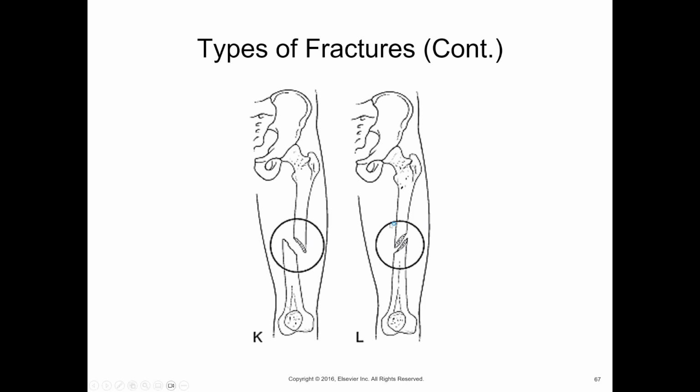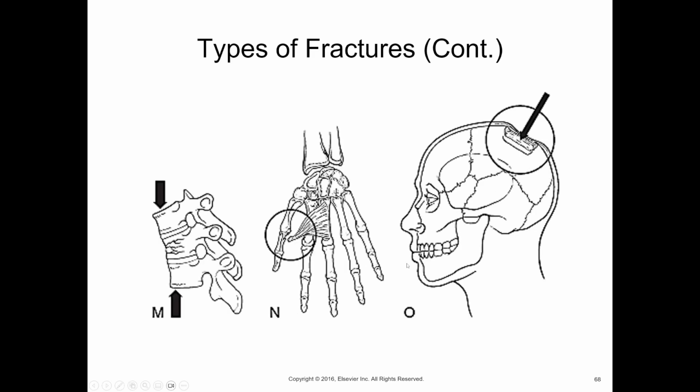Then we have here our oblique spiral fracture. This is a more common type in the long bones, especially in healthy individuals. It has that spiral type orientation to it. We also have compression fractures that we've talked about already on M. With N, we have something called the avulsion fracture.